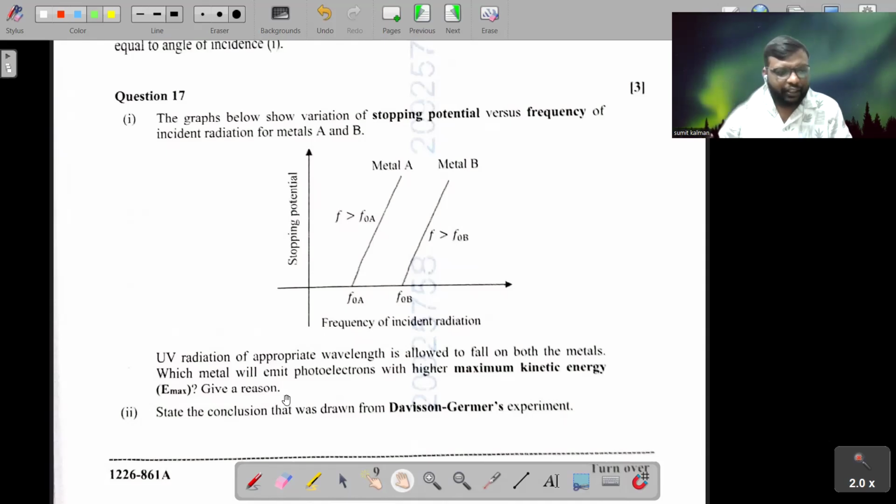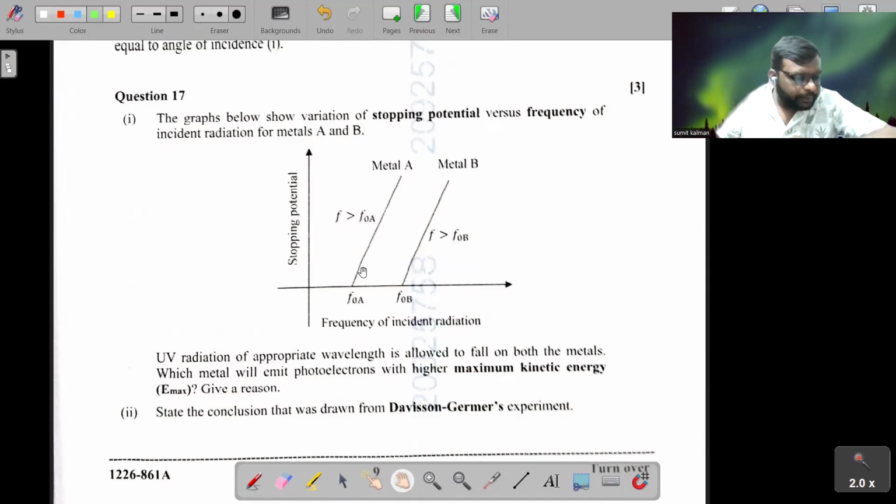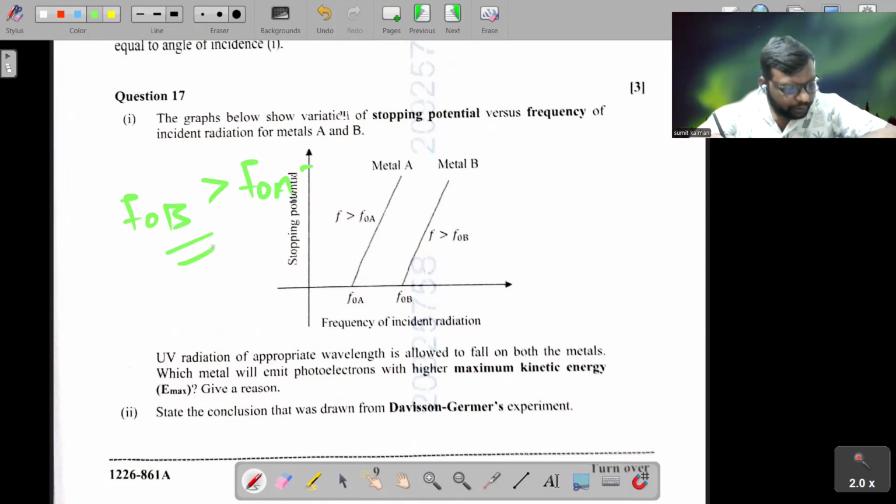And you have to give a reason for your statement. Now, students, from the graph, if you analyze, the threshold frequency ν0B for metal B is greater than the threshold frequency for metal A. That is, ν0B is greater than ν0A.